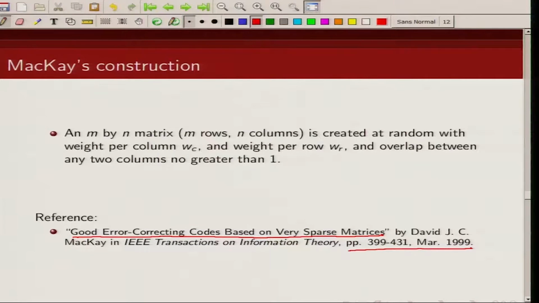So, one way of designing an M cross N matrix which has column weight WC and row weight WR is to randomly put ones, ensuring these criteria are satisfied, and also ensuring that the overlap between 2 rows of this parity check matrix is not more than 1.